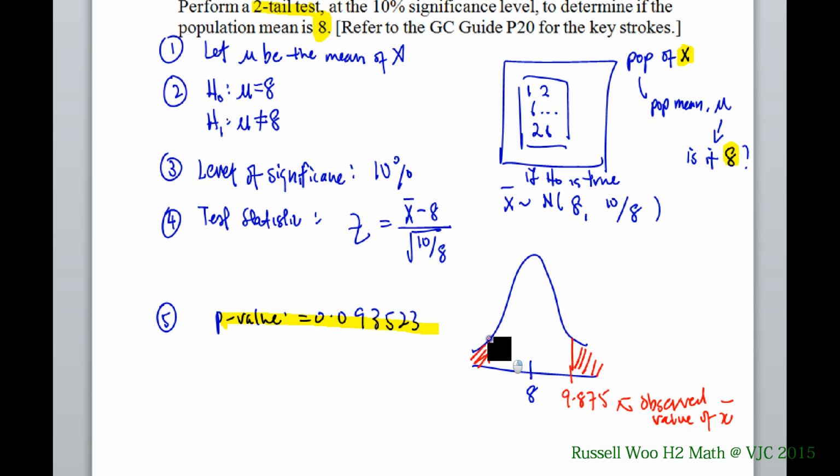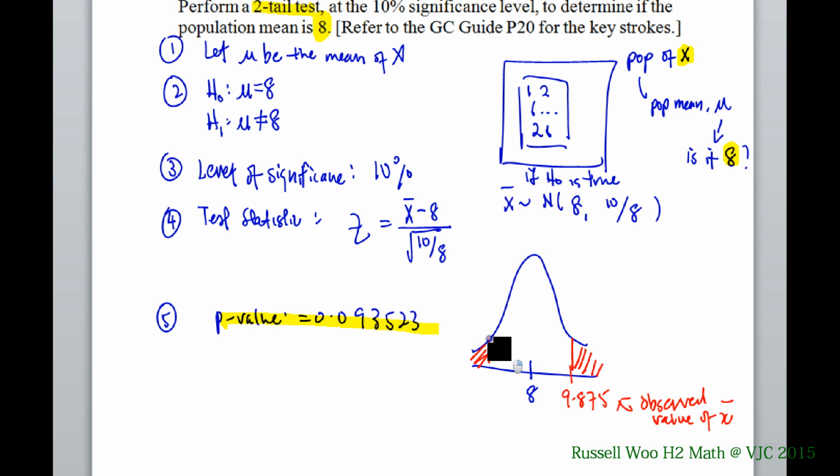Similarly, the smaller this p-value is, the more evidence you have against H0. So if you have a small value, then you say H0 is not very good. Mu not equal to 8. So how small is small?